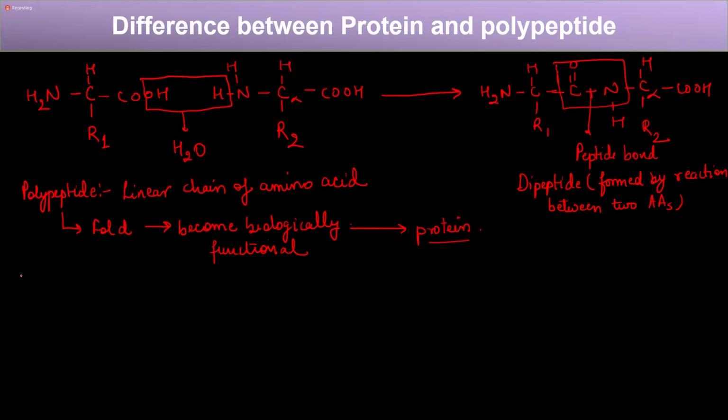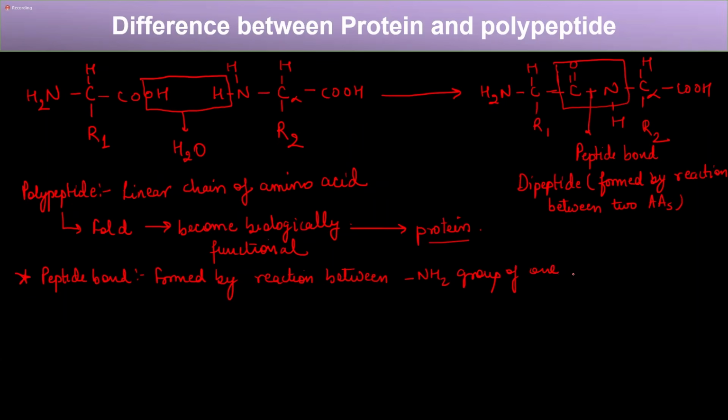Now let's talk briefly about the peptide bond. So what is a peptide bond? A peptide bond is formed by the reaction between the amino group of one amino acid and the carboxylic group of a second amino acid.